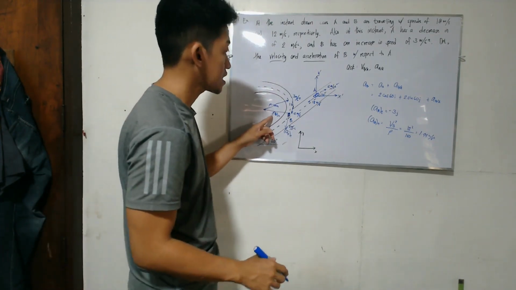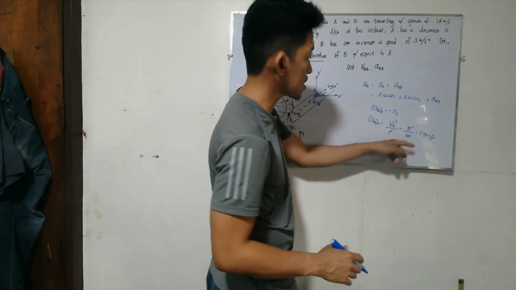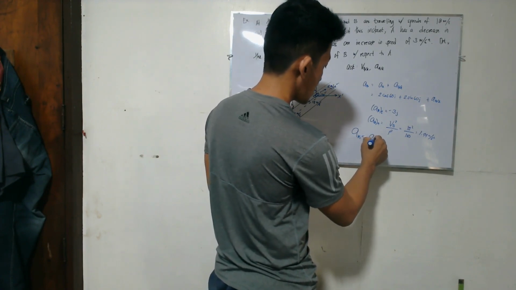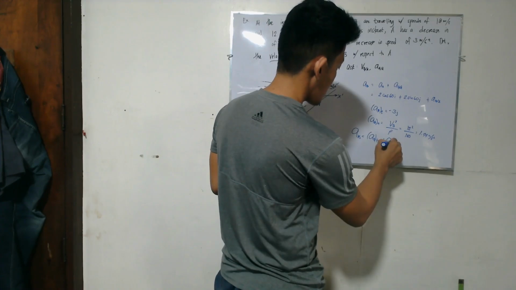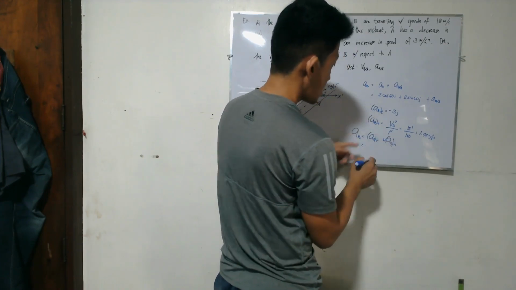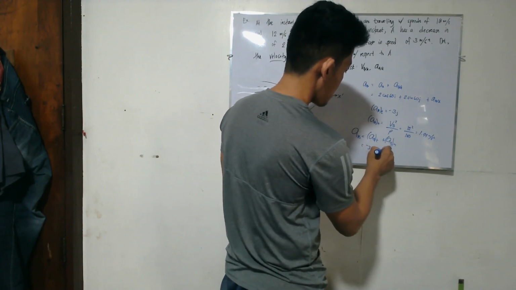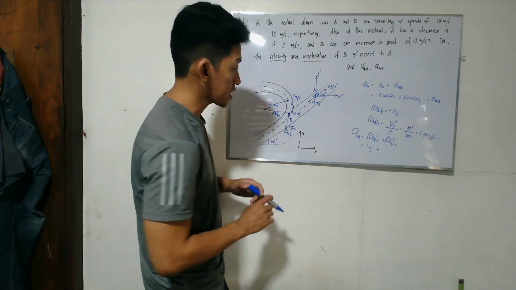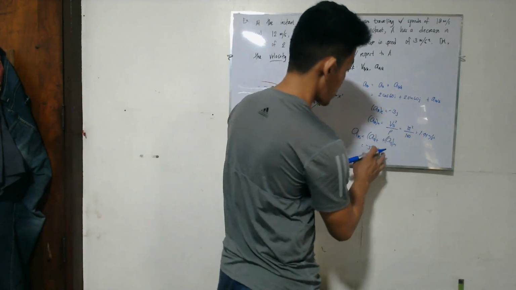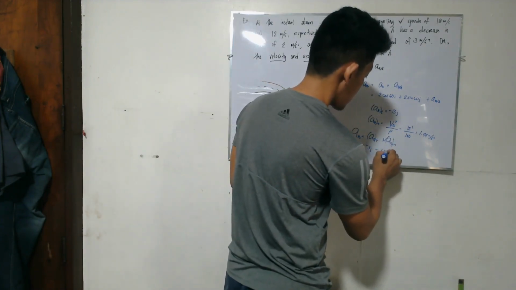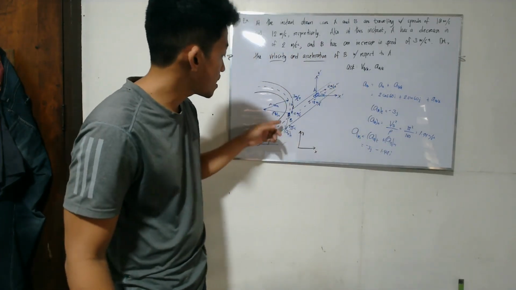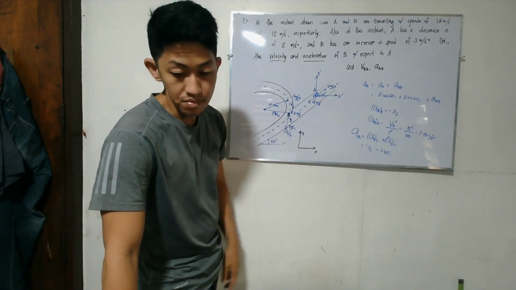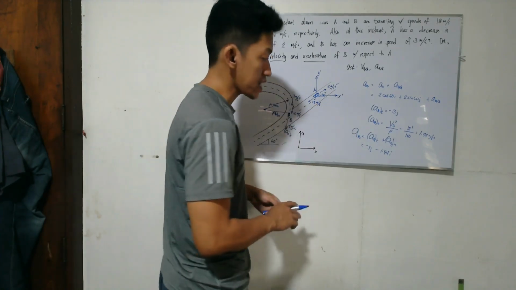So the answer is the magnitude, but when you write the acceleration of B it would be negative 3j, minus 1.44, because it is going to the left. And this is going down, so negative. Okay, so that is what we write here.